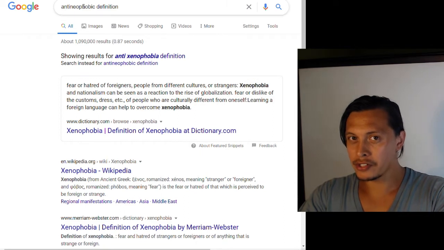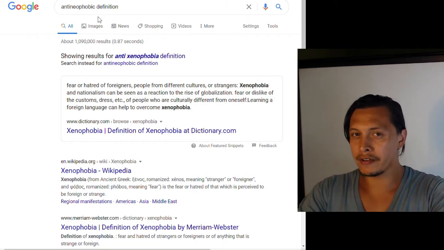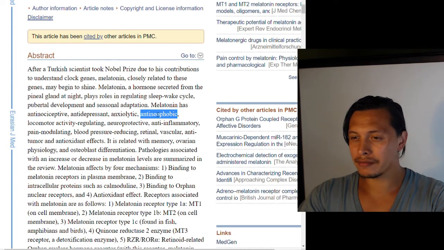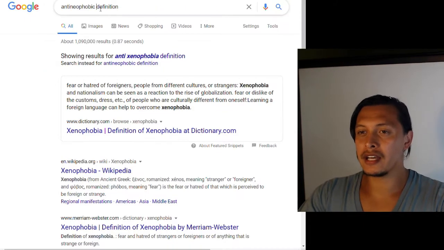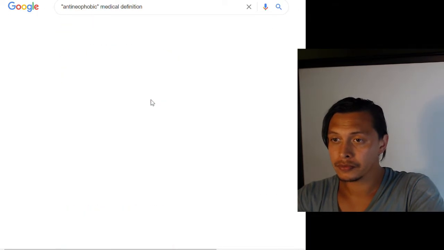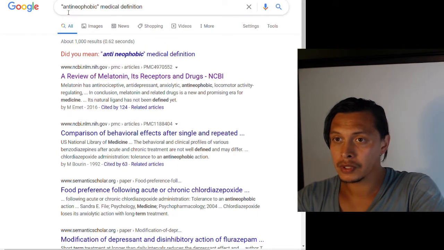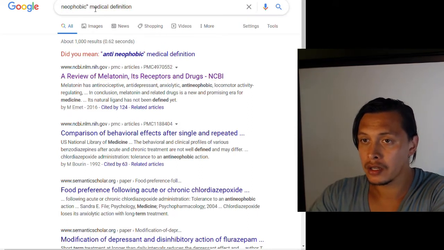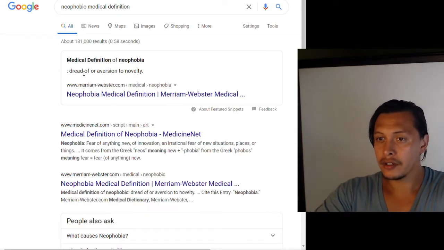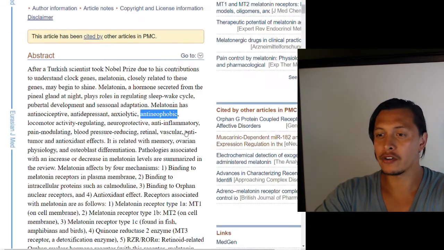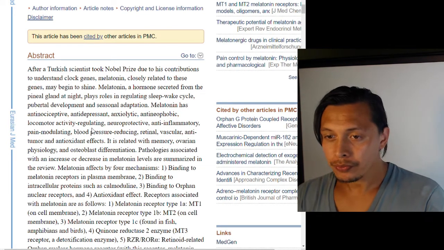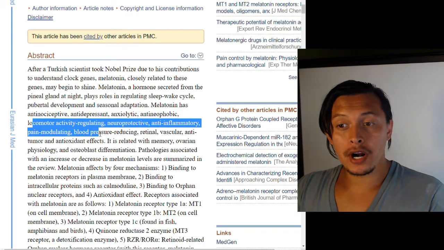Neo means new, so neophobia would be the fear of things that are new, but I don't think that's what... Let's look up anti-neophobic medical definition. I apologize for this. Yeah, dread or aversion to novelty. I don't know if this is the proper word that they want to be using here. However, let's continue. So, it's also locomotor activity regulating.